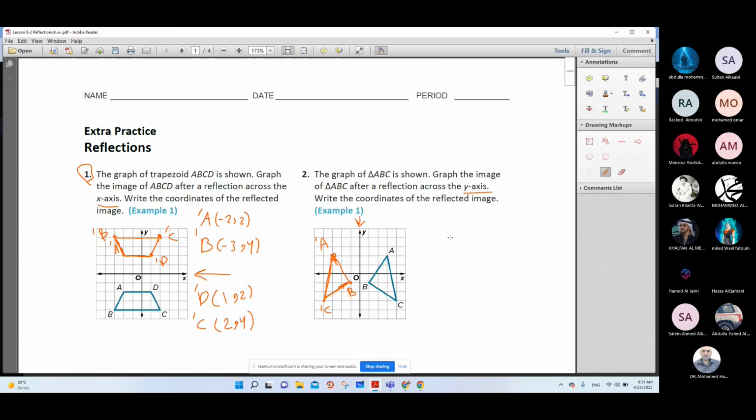Now the coordinates. A prime, as you see here in the x we have 3, and in the y 2, so 3, 2.